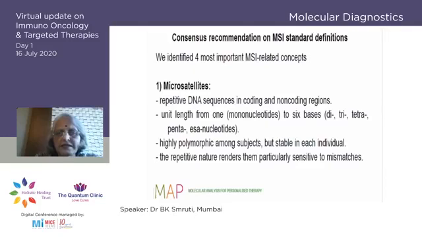So these are the consensus recommendation on MSI standard definitions. I won't go into details. I'm sorry, I'm not able to make out whether I've run out of time. So repetitive DNA sequences in coding and non-coding regions. So because of the mismatch repair, you have a collection of these nucleotides leading to microsatellite instability or MSI high tumors. Next slide.